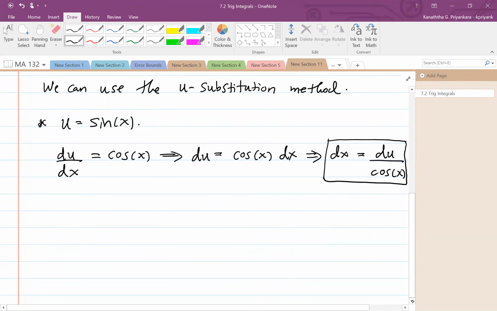Now we can convert the given integral into u. We have the integral cosine x sine x dx.